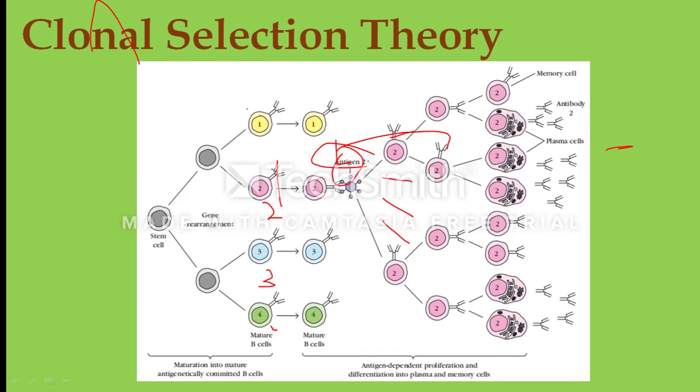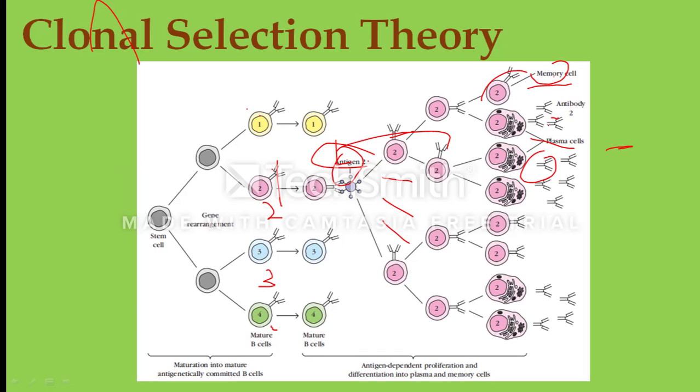In this population of cells, some cells will be clearing the infection at that moment, and they are called effector cells or plasma cells. They produce secretory antibodies that flow in the body fluid, whereas the other group of B lymphocytes remember the pathogen for the secondary infection, and this group of B lymphocytes is called the memory cells.